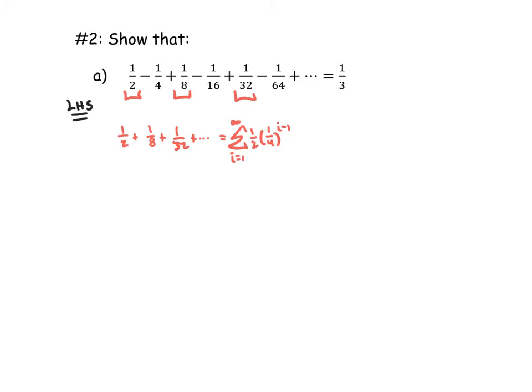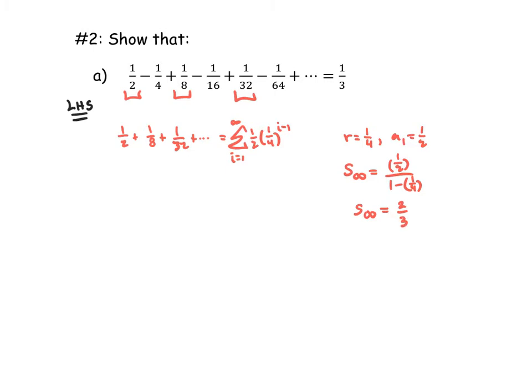Okay, this is a geometric series with a common ratio of 1/4 and a first term of 1/2. So the summation, using the formula that we know to find a convergent geometric series, will be the first term over 1 minus the common ratio. So therefore, this summation, 1/2 over 3/4, comes out to be 2/3.